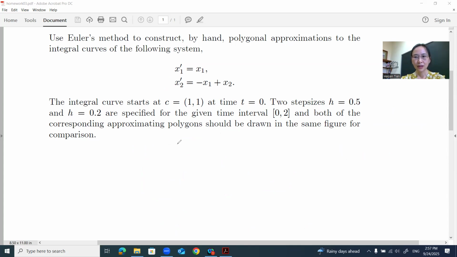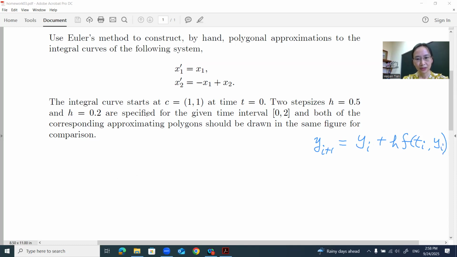So recall that Euler's method for the single equation: the next y value is y_i plus h times the function at the previous time t_i and y_i. h is the step size.